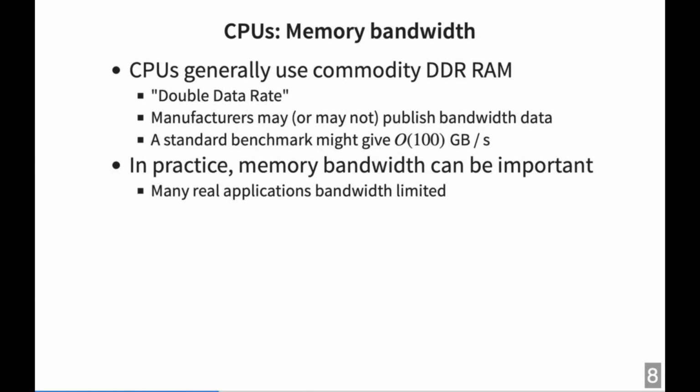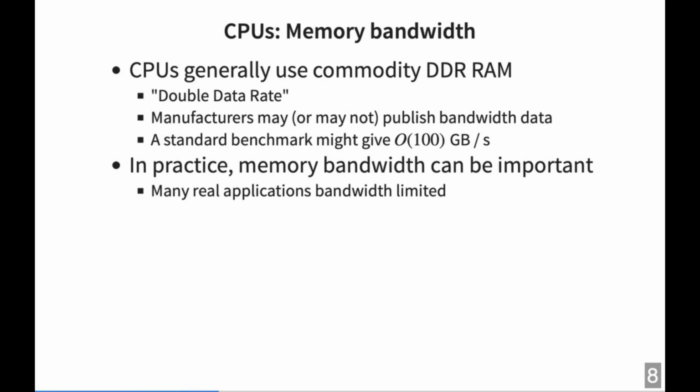So the third point we mentioned is memory bandwidth. CPUs generally use a commodity, what's generally termed double data rate, random access memory.